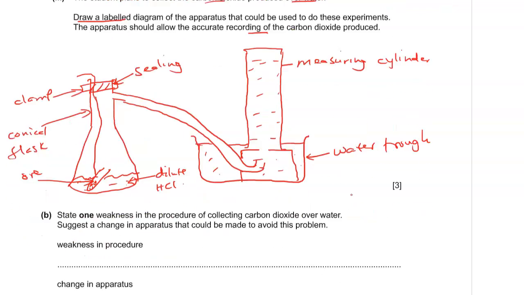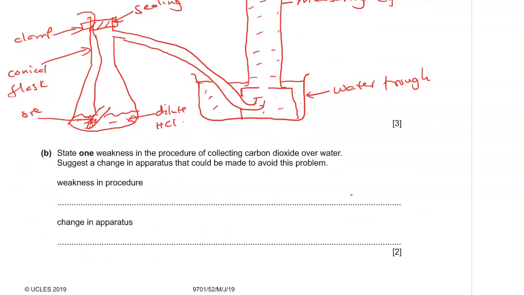So part B, state one weakness in the procedure of collecting carbon dioxide over water. Suggest a change in the apparatus that could be used to avoid this problem. The weakness is that carbon dioxide is soluble in water. That's why when it dissolves, you get carbonic acid.